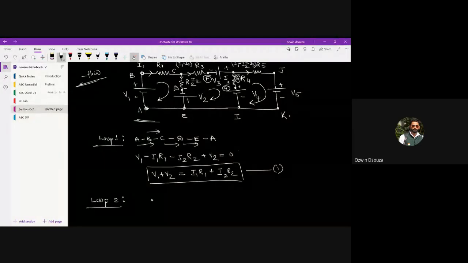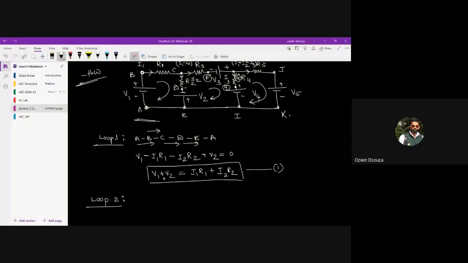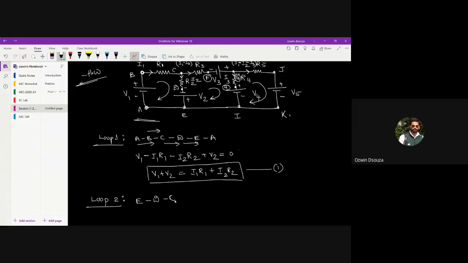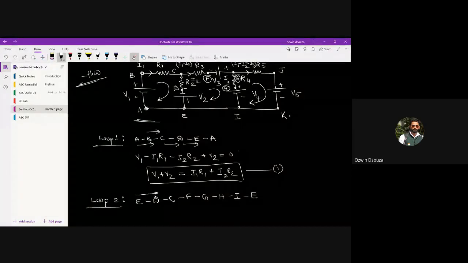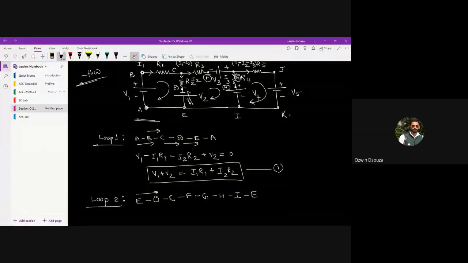Let me start from node E. So E to D, then C, then F, then G, then H, I, and back to E. Let us move from node E to D. When I move from node E to D, you can see that the battery is traced from positive terminal to negative terminal. Hence, the EMF is negative.